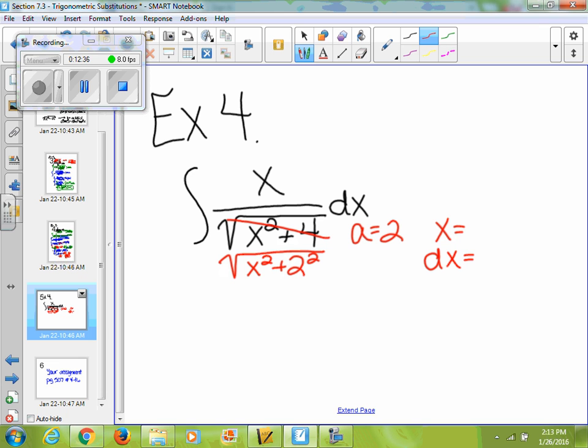What would then my x become if I'm dealing with x squared plus a squared? Okay, a secant, so 2 times secant of x.